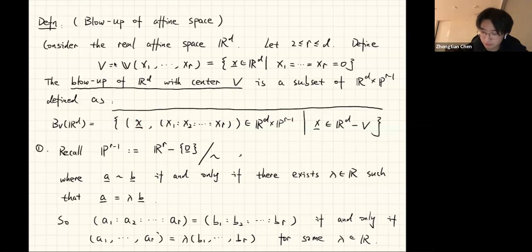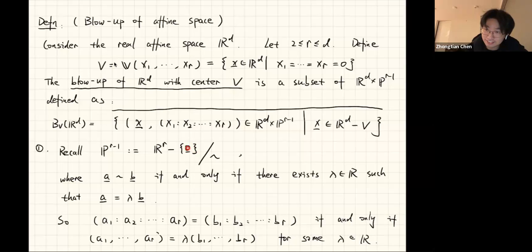If you pick x away from V, the corresponding point in the projective space is determined. But what happens if you take a point in the center? For example, if R is D, the center will just be the origin. If you take the origin, then this notation will not make sense, because we have to delete the origin.